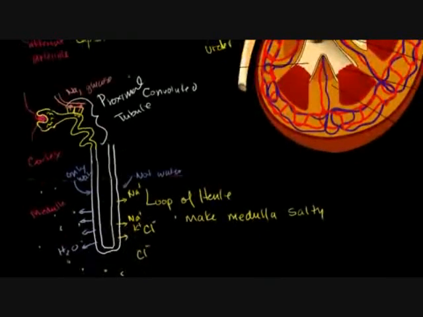So then we leave the loop of Henle, and then we're almost done with the nephron. Then we're in another convoluted tubule, and you might even guess the name of it. If this was the proximal one, this is the distal one. And just to make my drawing correct, it actually passes very close to the Bowman's capsule. So let me do it in a different color.